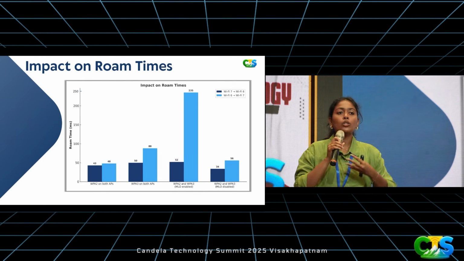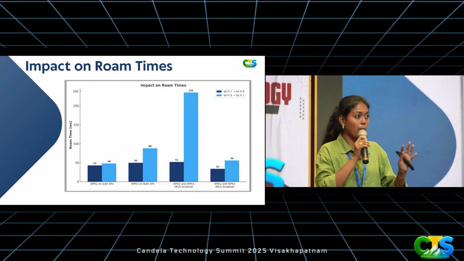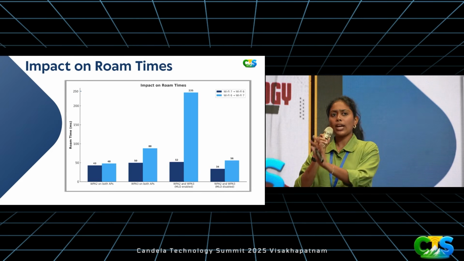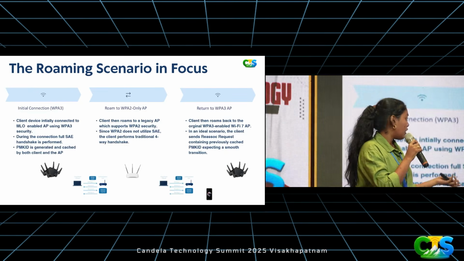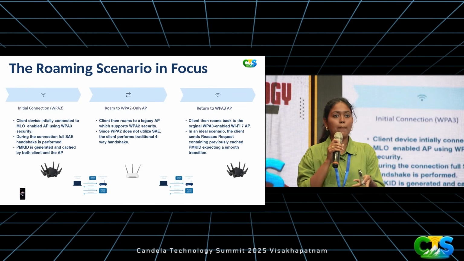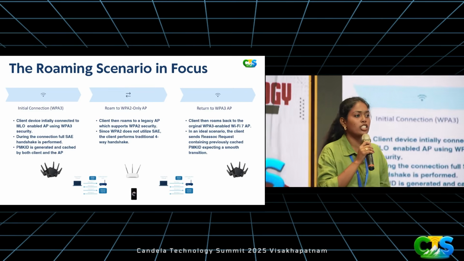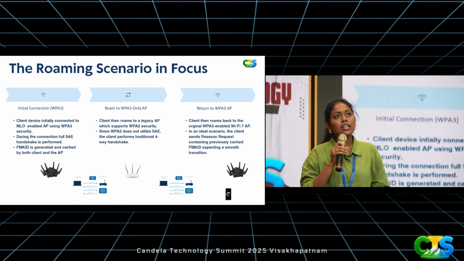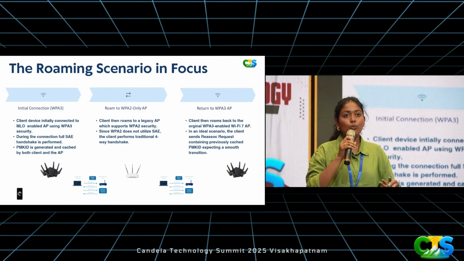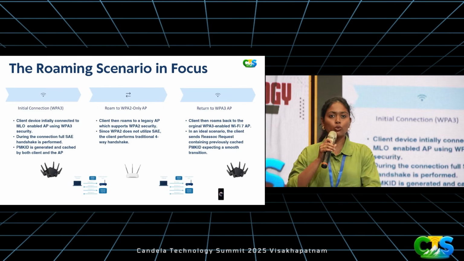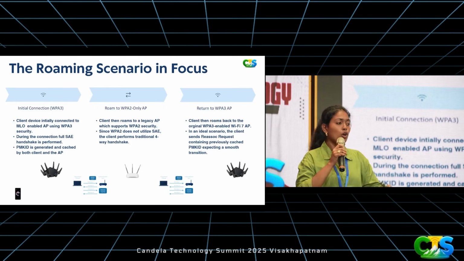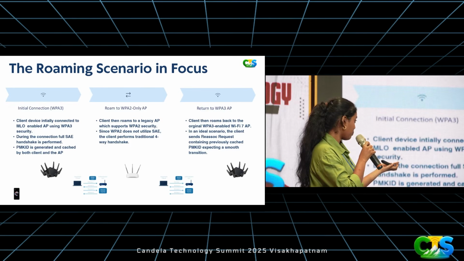So we wanted to understand if this is particular only to MLO being enabled, or, as we all know, Wi-Fi 7 with MLO enabled mandates the WPA3 security type. So we were wondering, were the roam times impacted because of a WPA3 to WPA2 roaming scenario? So we wanted to validate.